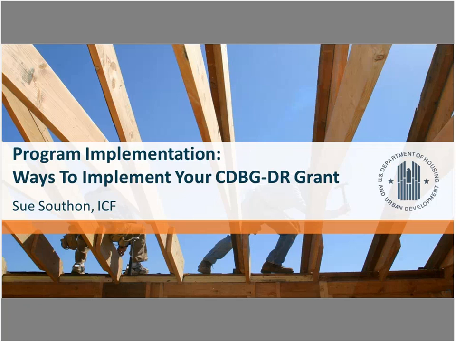CDBG-DR programs are usually larger and more complex than typical housing and community development programs, requiring distinct operational functions to accomplish the diverse activities necessary for effective program management. In this section, we're going to talk about the things as grantees that you need to think about when designing your programs. HUD has identified operational functions that grantees must implement to carry out a successful CDBG-DR program.